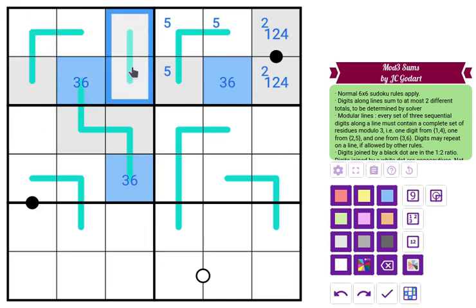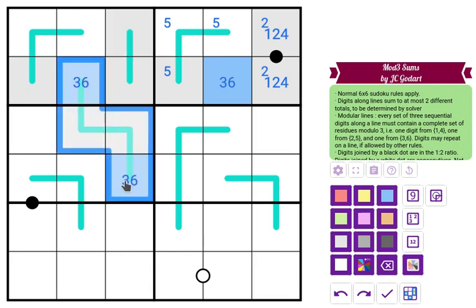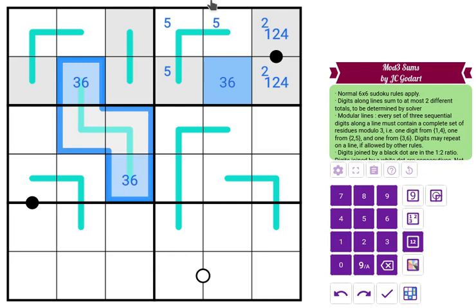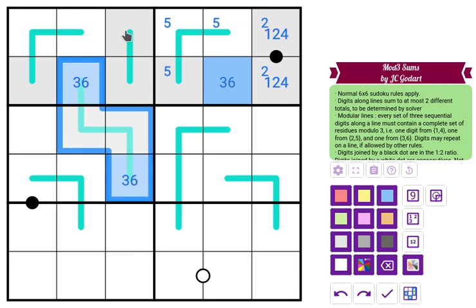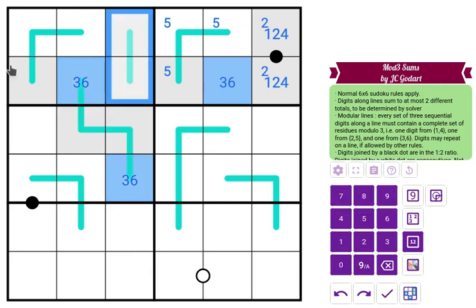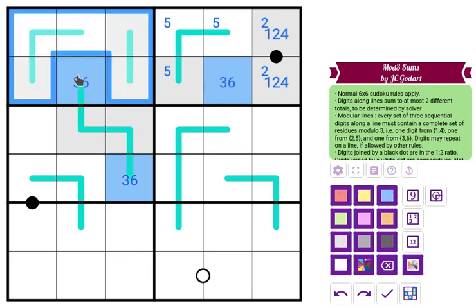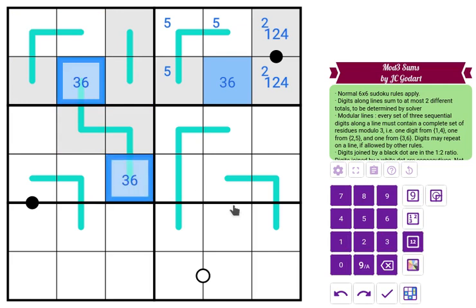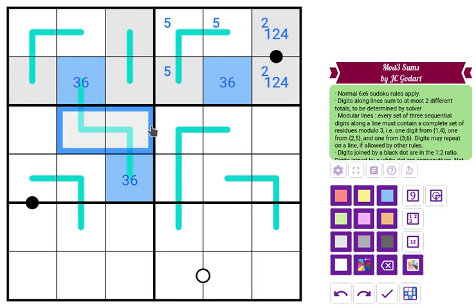The maximum here is 4, 5, which is 9. They would have at most sum to 9. 6, I think, is not an option, while 3 and 3, this is the minimum here.